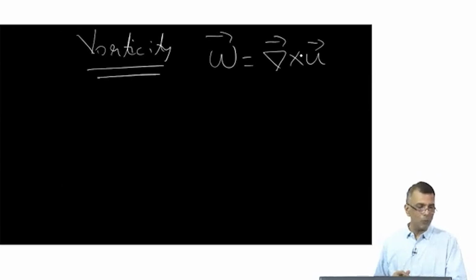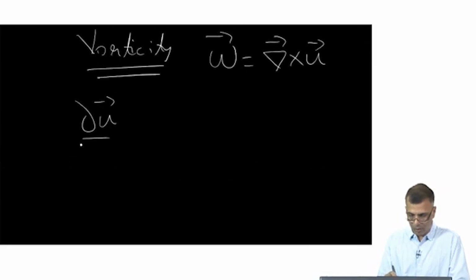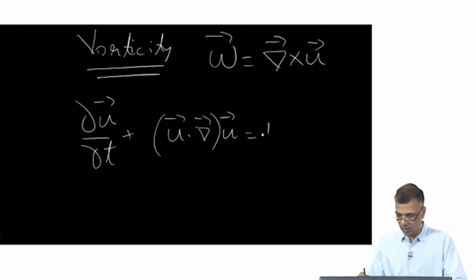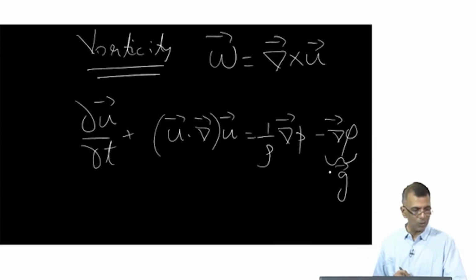So what we did was, again, we started with the Euler equation, again written down in the lab frame. And now we're simply writing this down. This is essentially your G as in the previous example, and we took a curl of the entire equation.